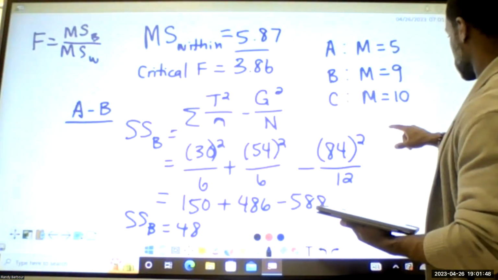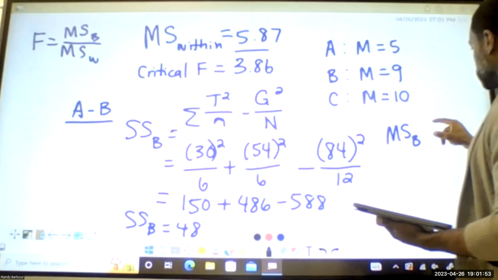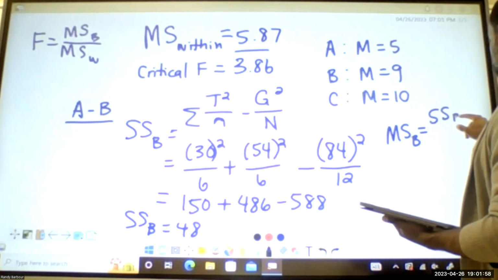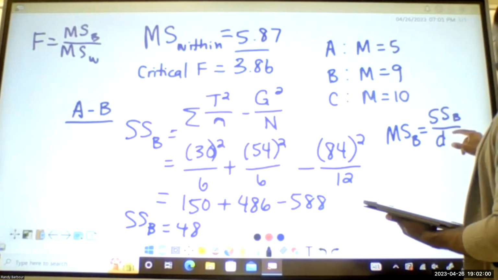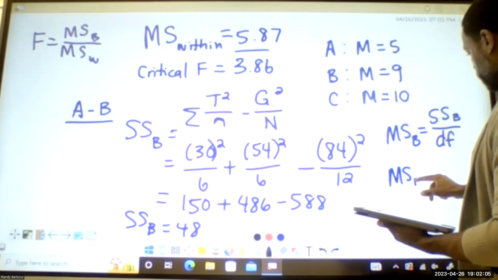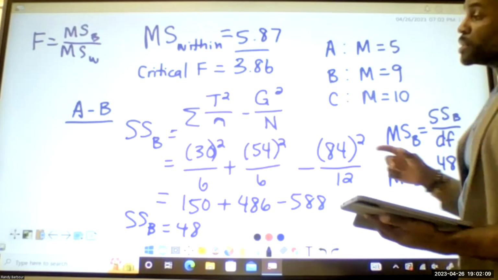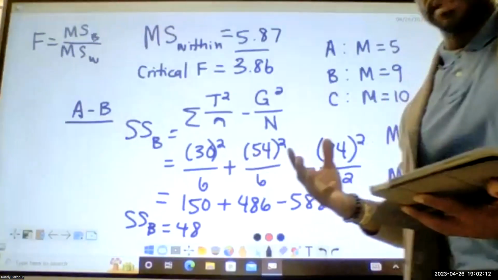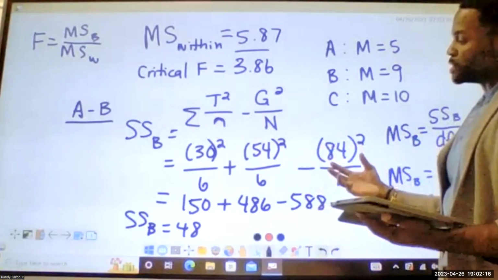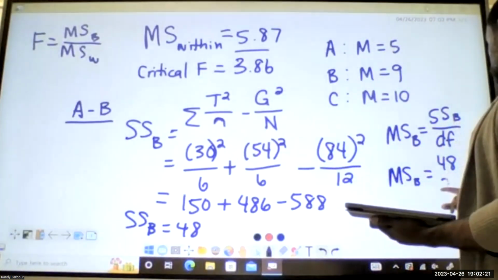Using the same degrees of freedom as before, instead of it being 2 minus 1, it's going to be 3 minus 1, which is 2.